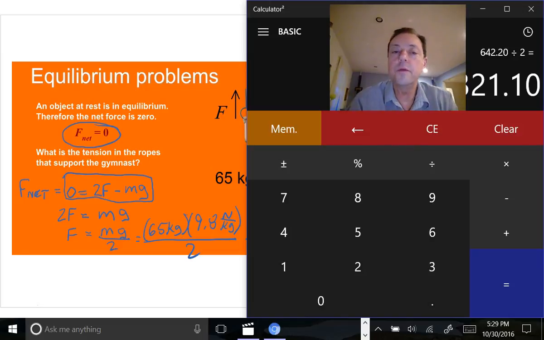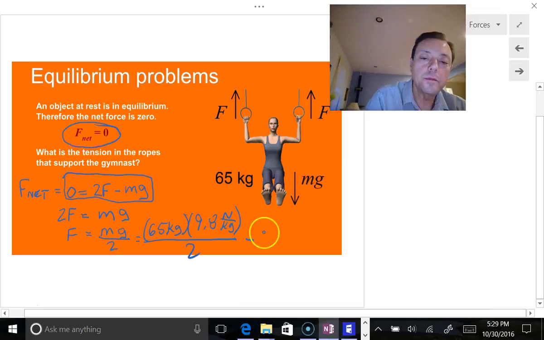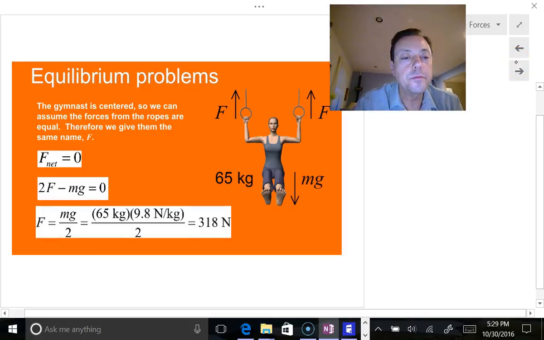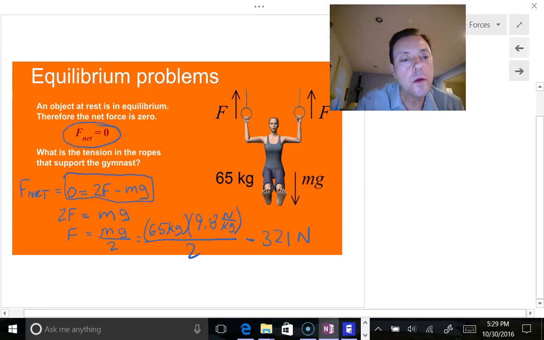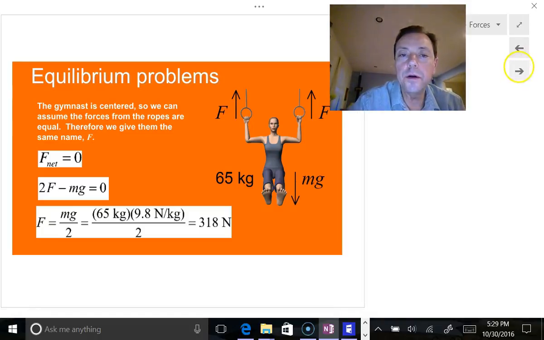That is about 321 newtons. Okay, so let's see what we have. Well, they got 318, I got 321. I'd say that's pretty close. Let me see, what was the difference? No difference. Well, I think I trust my calculator better.